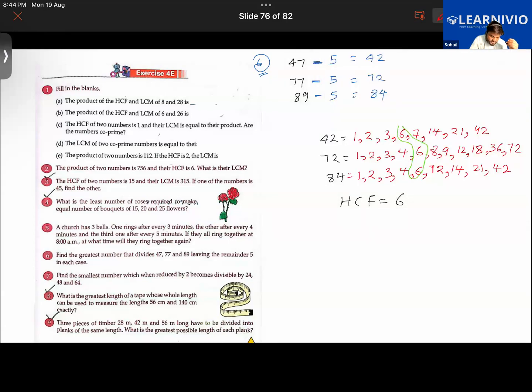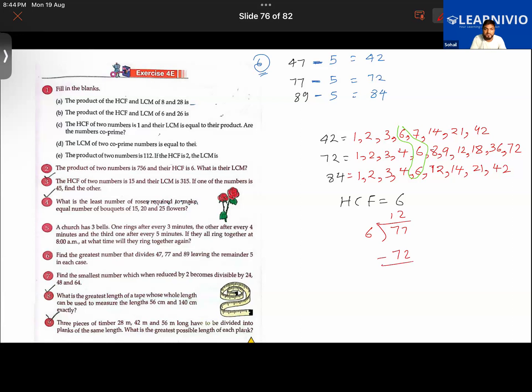Now do tell me, if each of these numbers 47, 77, or 89 is divided by 6, will we not get the remainder as 5? Let's check one of them, like 77. We know 12 sixes would be 72.